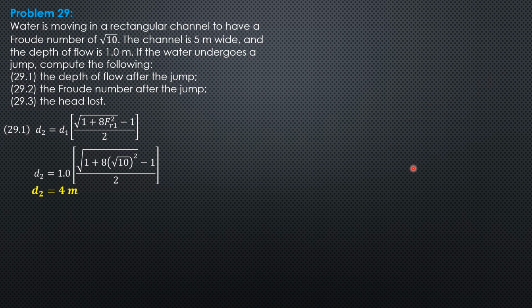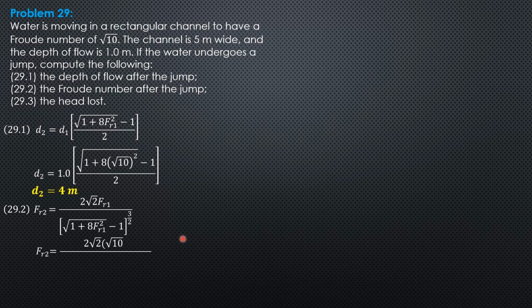Then the Froude number after the jump, we also derived that in problem 27. FR2 is equal to 2 square root of 2 FR1 all over the quantity square root of 1 plus 8 FR1 square minus 1, to the 3 halves, if you can recall the formula. Substituting, FR2 is 2 square root of 2 times square root of 10, all over square root of 1 plus 8 times square root of 10 squared, minus 1.